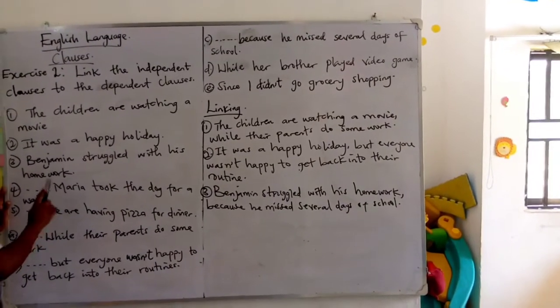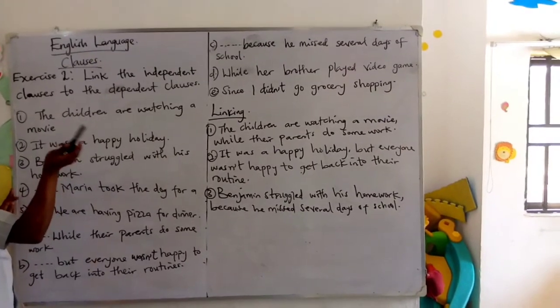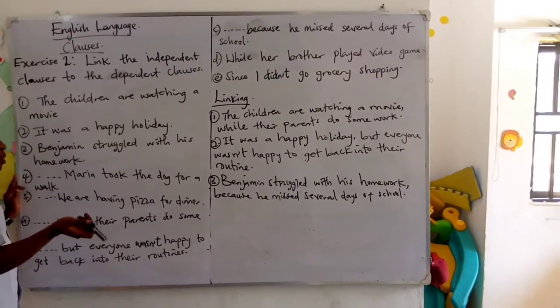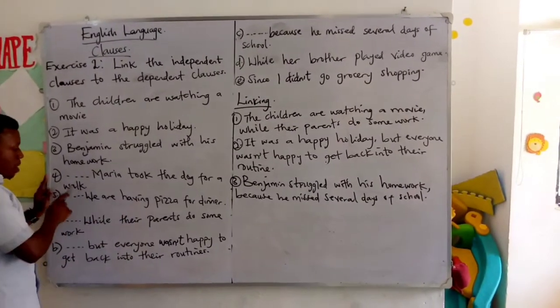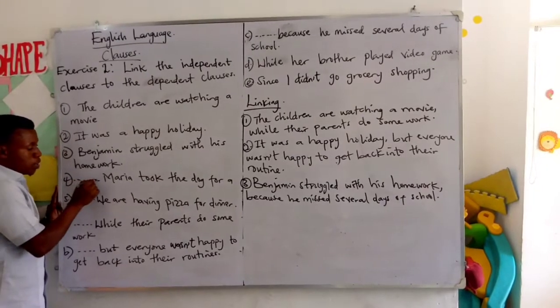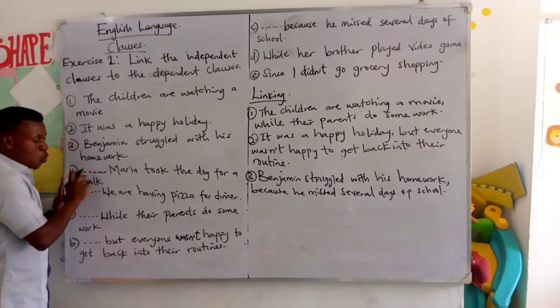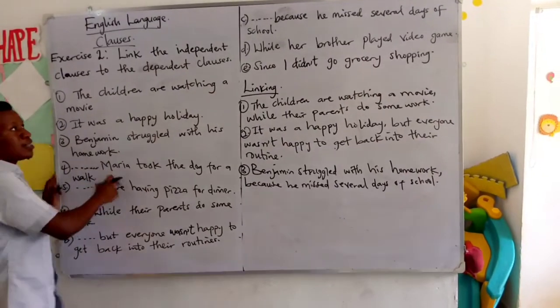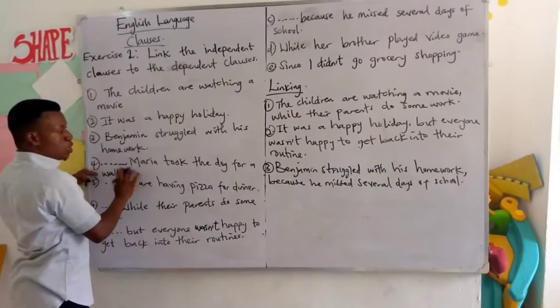We can say Maria took the dog for a walk while her brother played video game. But it can also be interchanged, like I said. Remember, we have these dots here, and this is telling us that there are some words before this. So in this case, we are going with this first, then add it up to this.